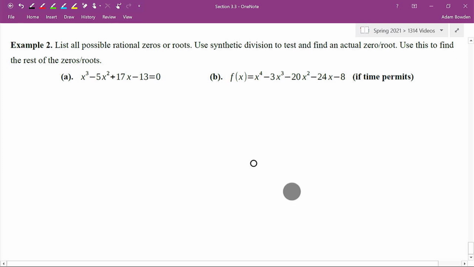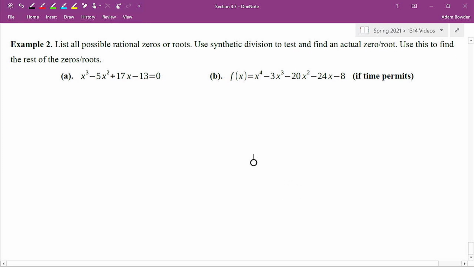So for this one, it says list all the possible rational zeros or roots. Use synthetic division to test and find an actual zero or root. Use this to find the rest of the zeros or roots. Okay, this is where we're going to start using the possible zeros with the rational zero theorem and choose some until we find one that works.